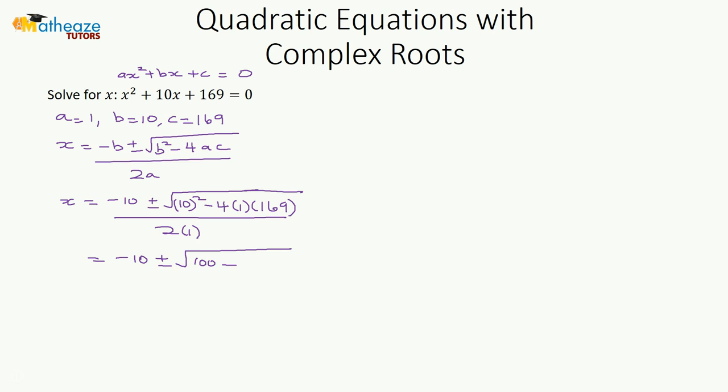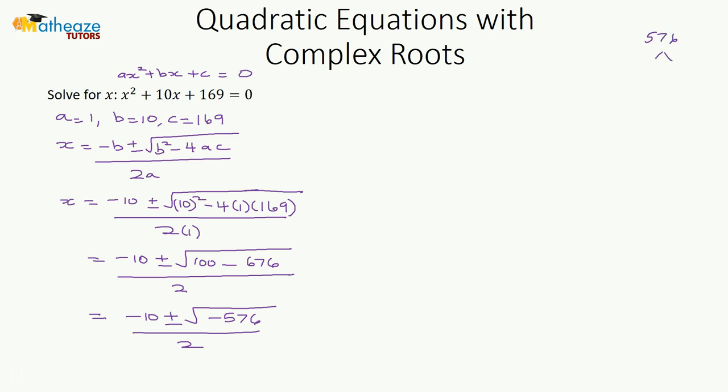When you put that in the calculator, you show your work, you should get 676 divided by 2, which is equal to negative 10 plus or minus square root of negative 576 divided by 2. So let's look at 576 right here.